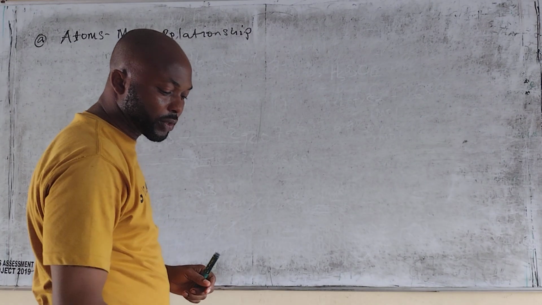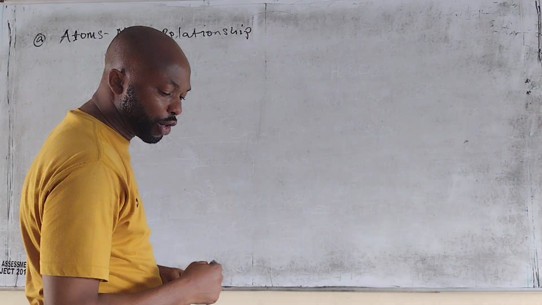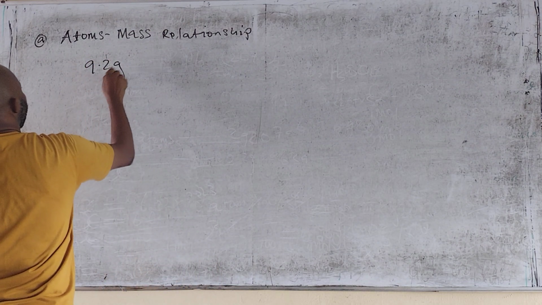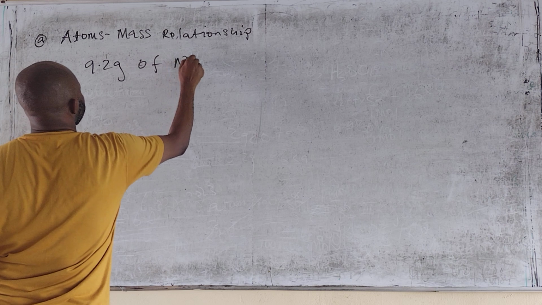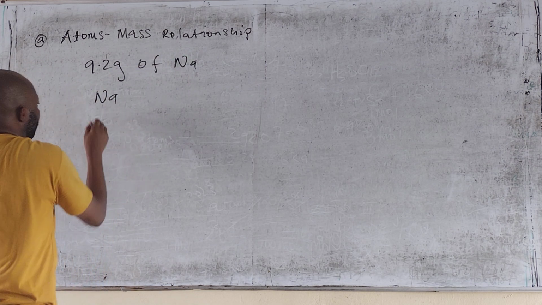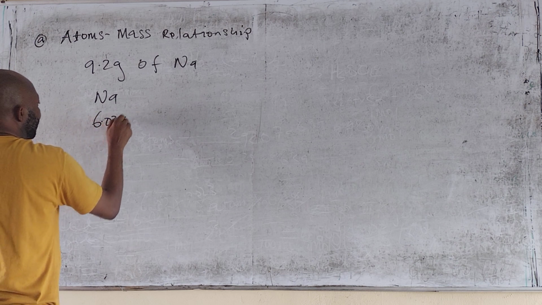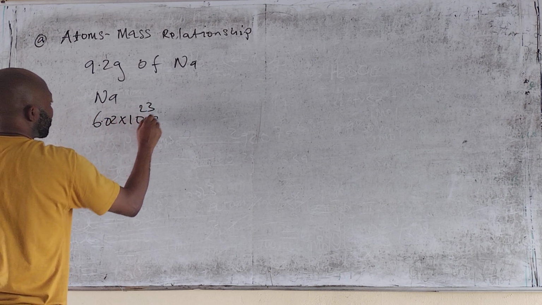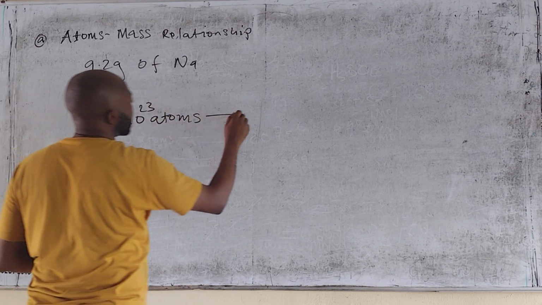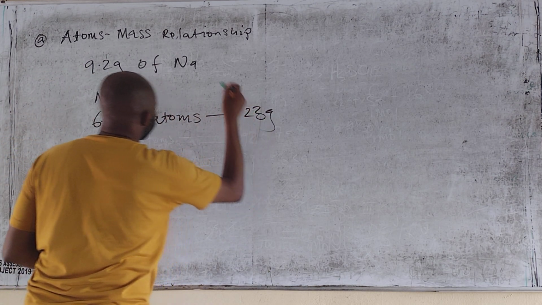Calculate the number of atoms of element in 9.2 grams of sodium. So this is my sodium. Atoms, 6.02 times 10 raised to the power 23 atoms. It's equivalent to 23 grams.